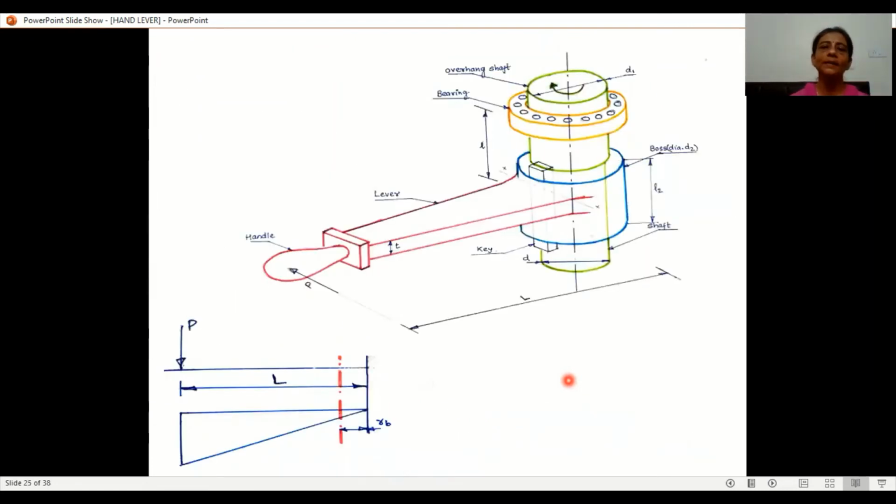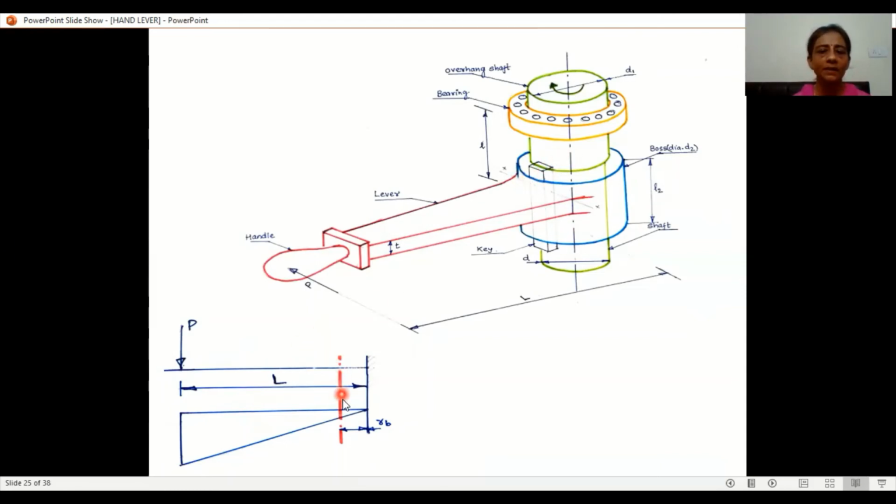Last point is the design of lever. So we can see here, students, that the lever is like a cantilever supported at the boss and loaded at the other end. So bending moment will be equal to P into length. But bending failure will not be at this center. It will be at this XX section, which is at a distance of the radius of the boss from the center.